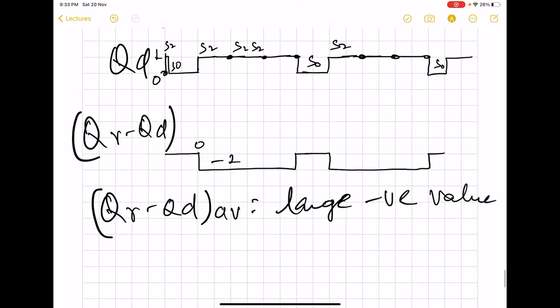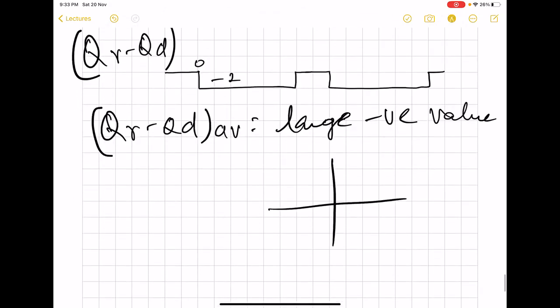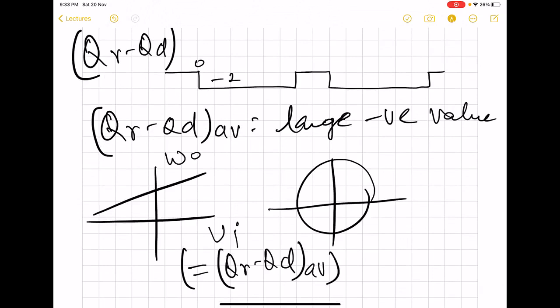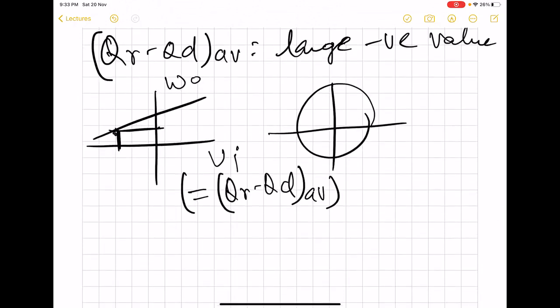So we see that this time the VCO will be fed with QR minus QD average. Since this is negative, the VCO will be fed with a smaller frequency. So when this is large negative, this implies that omega naught goes down.